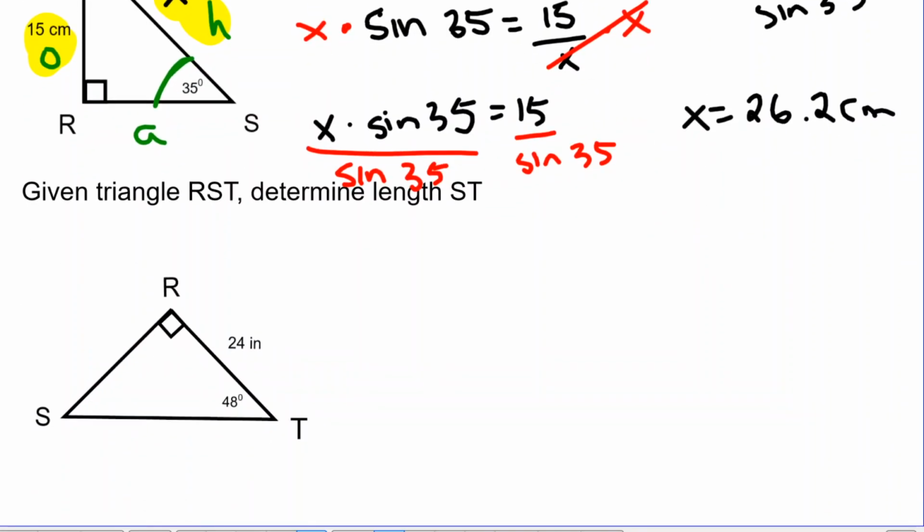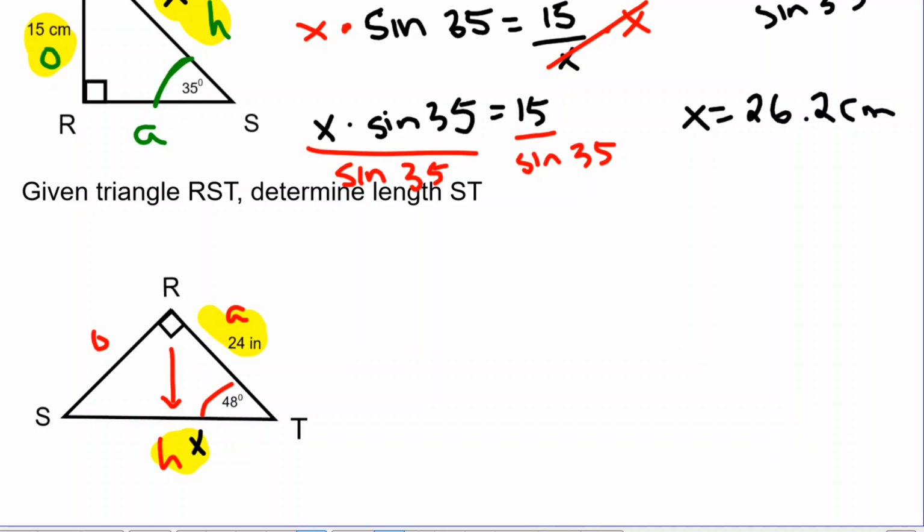And one last one. We'll try out one more ratio here. From my angle, I'll label my opposite. I want to be extra careful here. My hypotenuse is on the bottom. My adjacent is here. And I want length ST. So I want my hypotenuse, I have my adjacent.